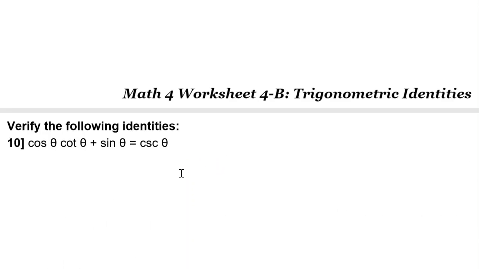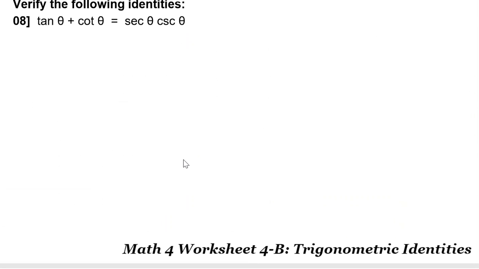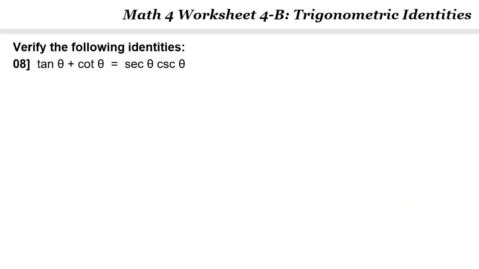Okay, and we got how many? 3 more to go. Okay. All right. Now, what I may end up doing here is working both sides and see if they both boil down to the same thing.